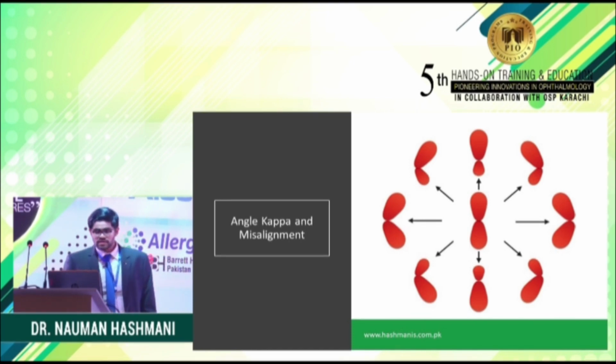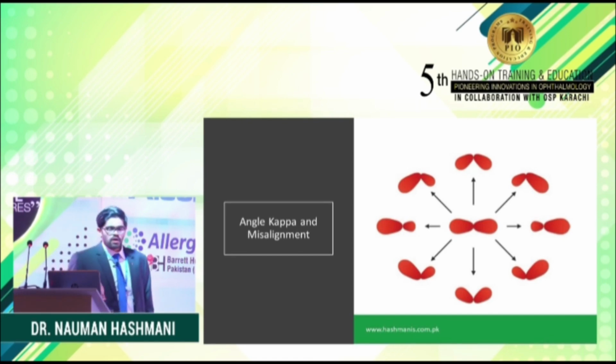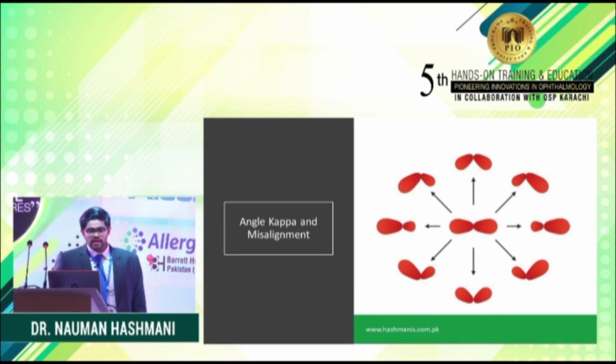If they're horizontally displaced, you're going to get a skewed radial axis. Very similarly, you do the same thing with horizontal. If you have a high angle kappa, meaning the visual axis is separate from the pupillary axis, or a misalignment, again you're going to misclassify an asymmetric bow tie with a skewed radial axis or steepening.